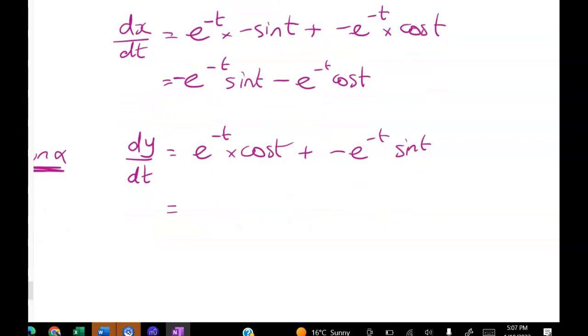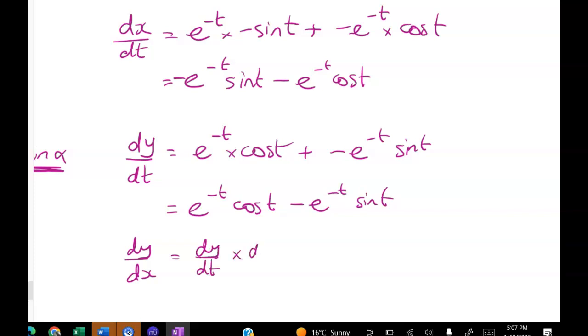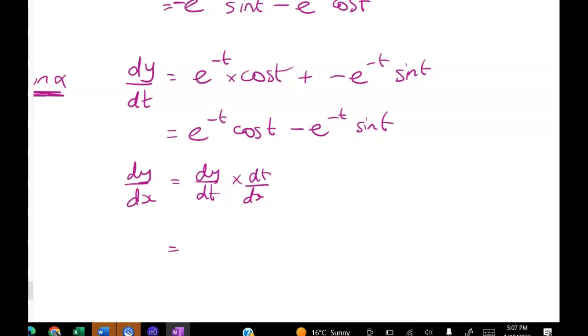Right, so we've got that. dy by dx is equal to dy by dt times dt by dx. In the numerator, we're going to have e to the negative t times cos of t minus sine of t.